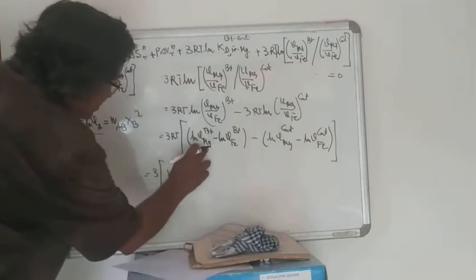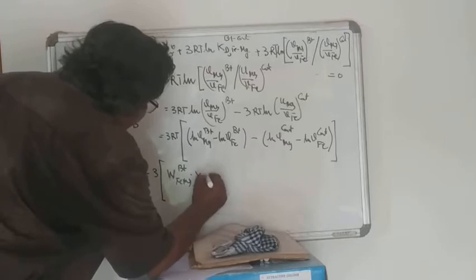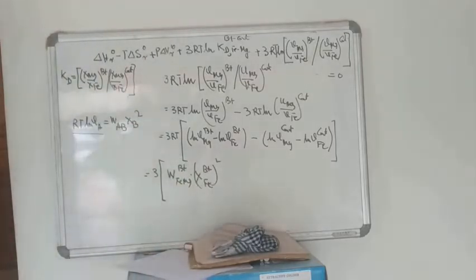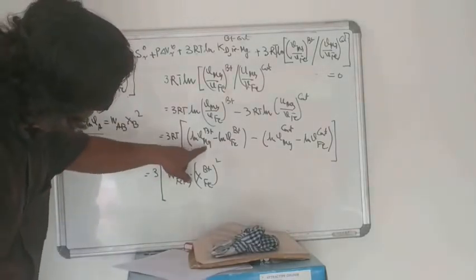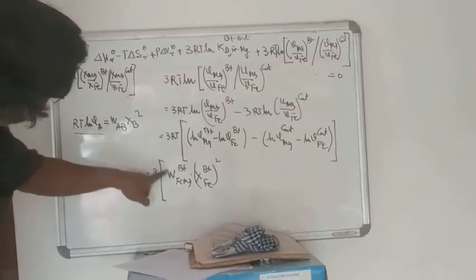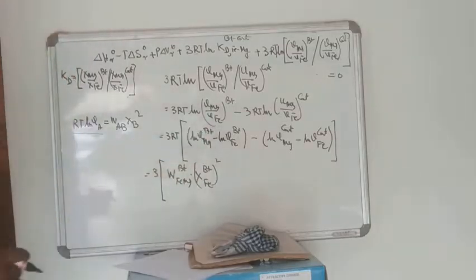You see, this one was garnet Mg, so this will be X_Fe biotite whole squared. Can you see that? I've taken 3 out, and you have RT ln gamma Mg. RT ln gamma Mg should be equal to W_FeMg into X_Fe biotite squared.